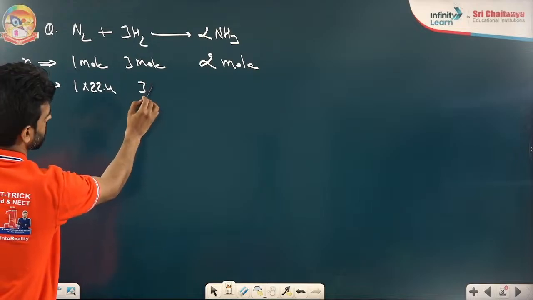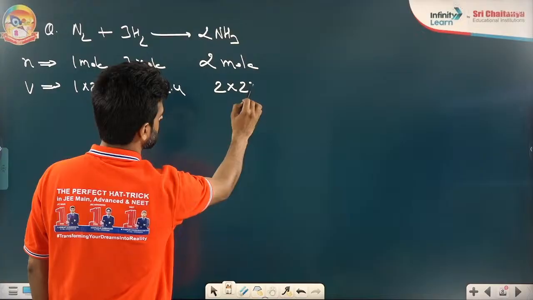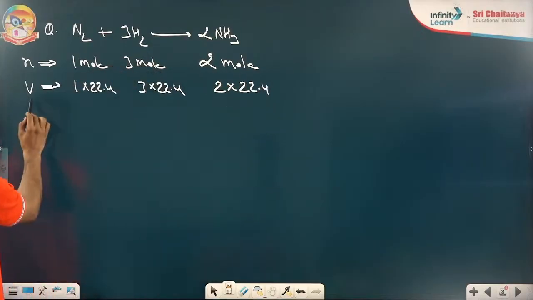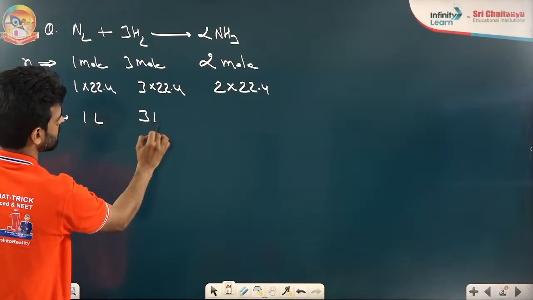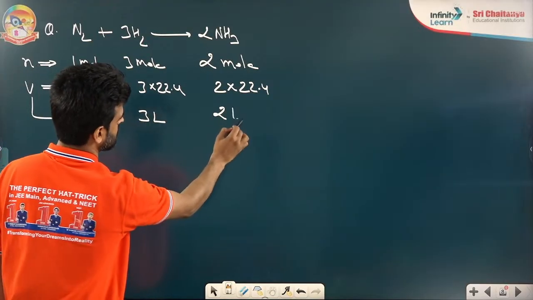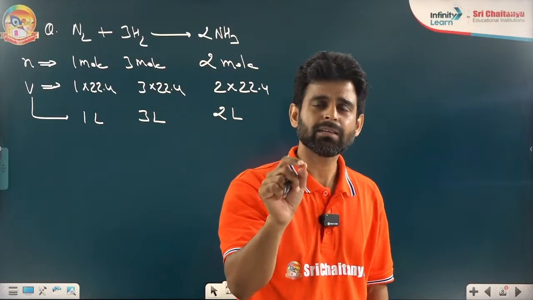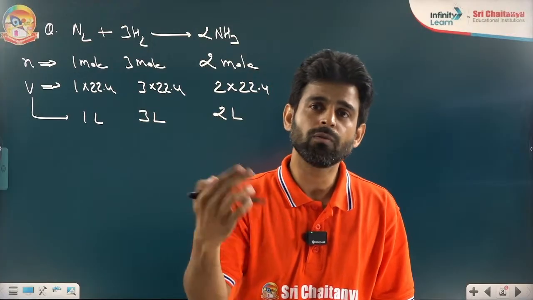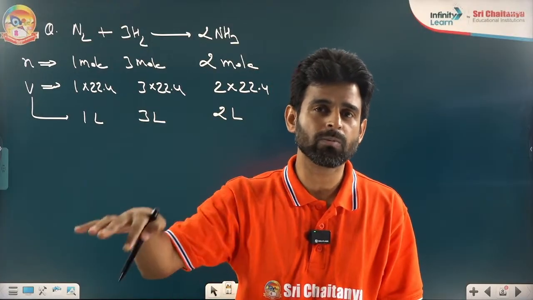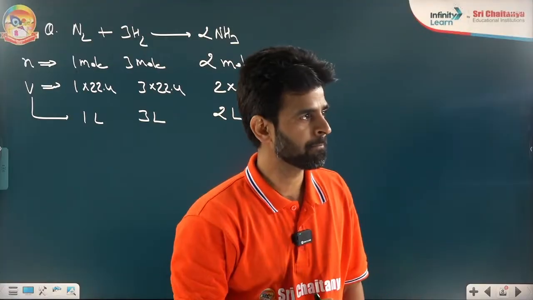This much, this much, this much. The same thing will come. 1 liter consumes 3 liter and makes 2 liter. So the molar ratio and the volume ratio are the same. If they give all the volumes in the question, you can solve it very easily without converting them into moles.